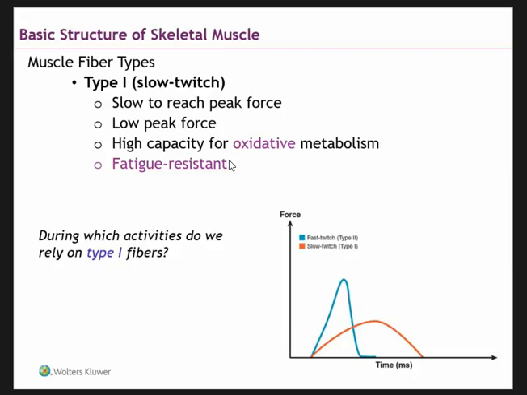So low force activities that are fatiguing over time, like running a marathon or any type of slow, long distance running. That's going to use type 1, where we don't want to fatigue out quickly, where we want to maintain our energy for hours possibly, but we're not producing high amounts of force, and we're not producing force very quickly. So like walking, jogging, cycling, long distance swimming, anything long distance related.